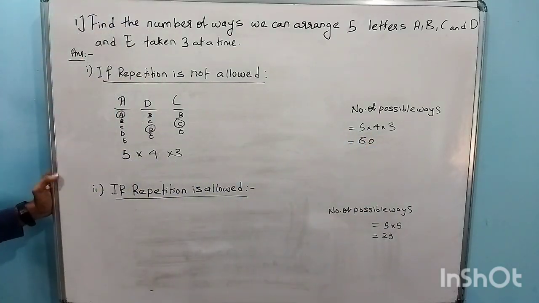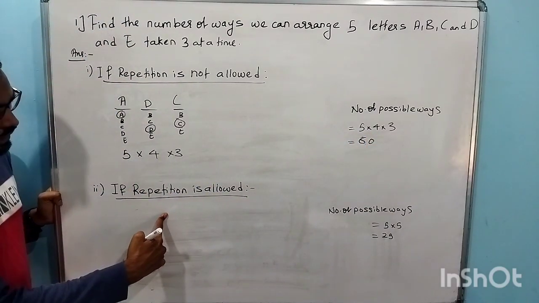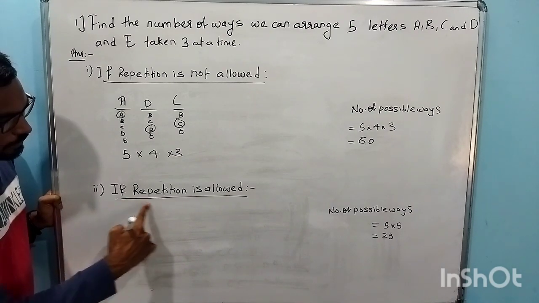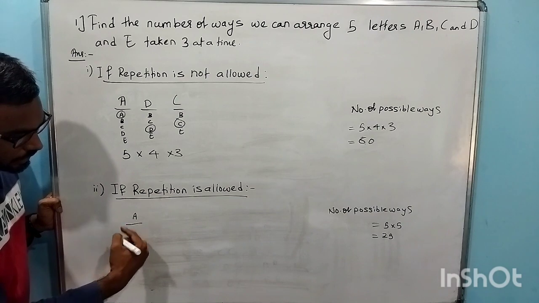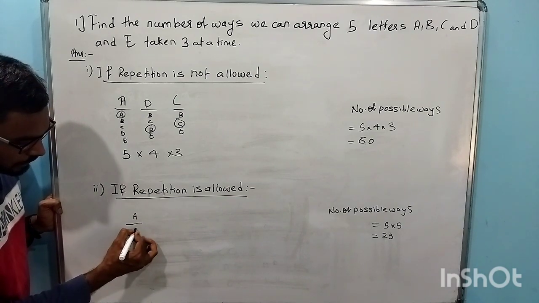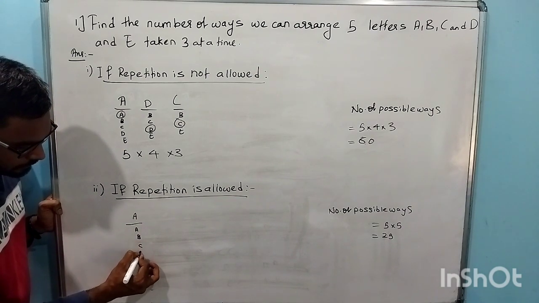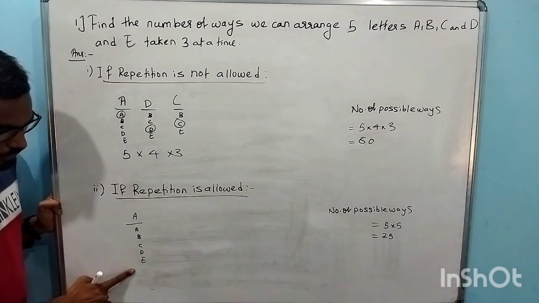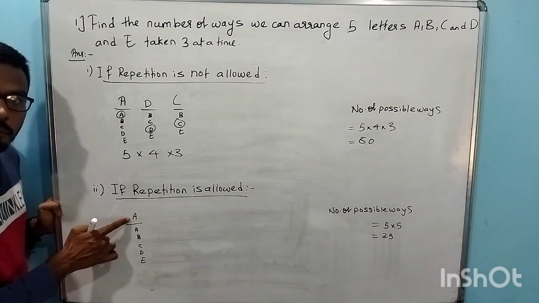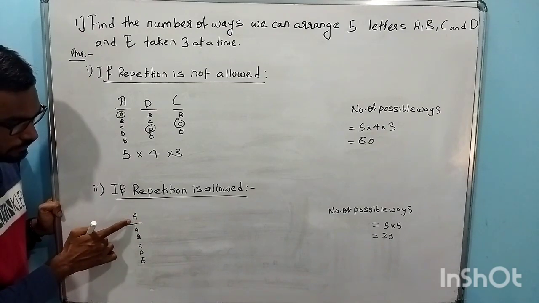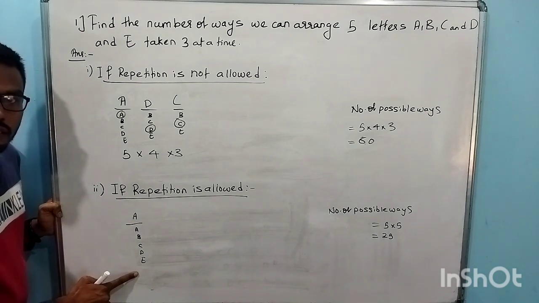Now same thing here. If repetition is allowed, then for the first place, if I selected A there, there are total 5 ways for the first place. Means we can place the letter at the first place in 5 ways.